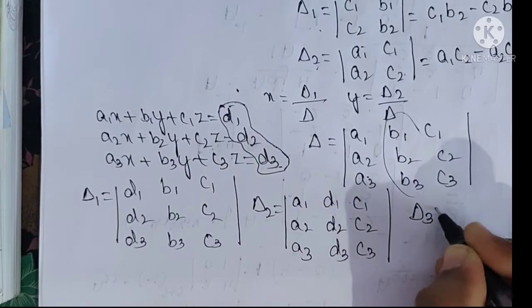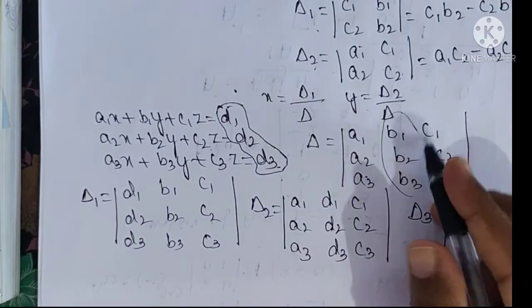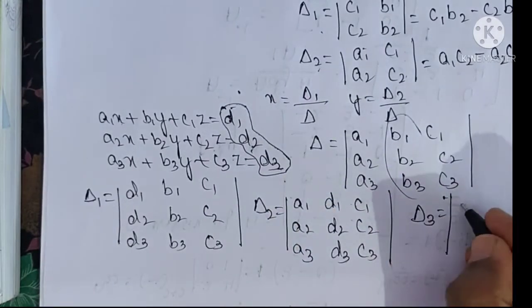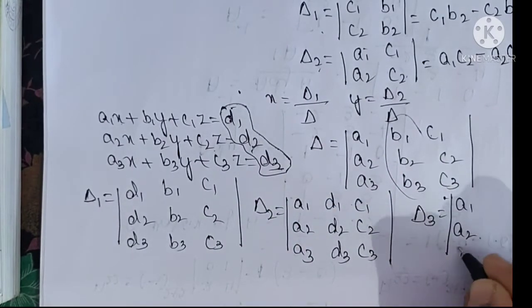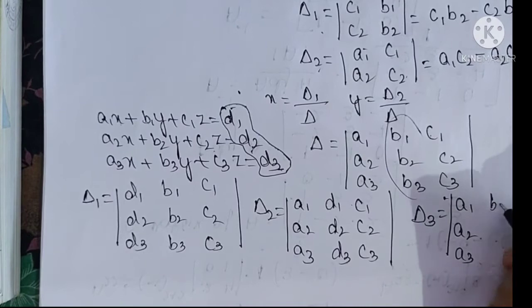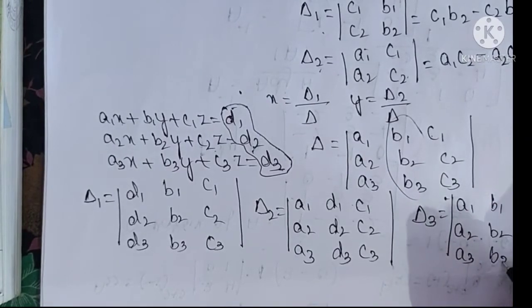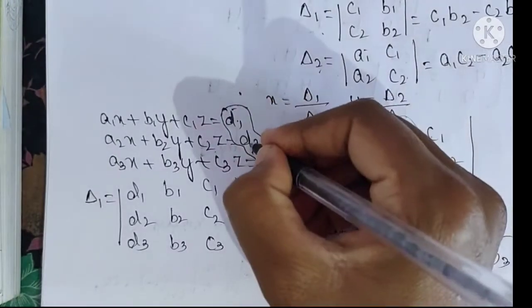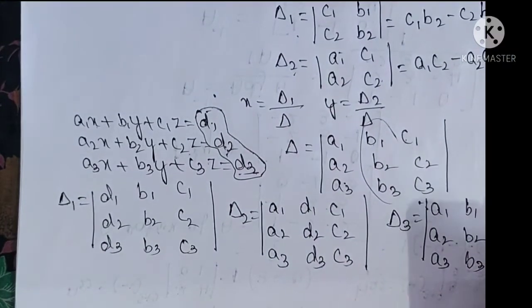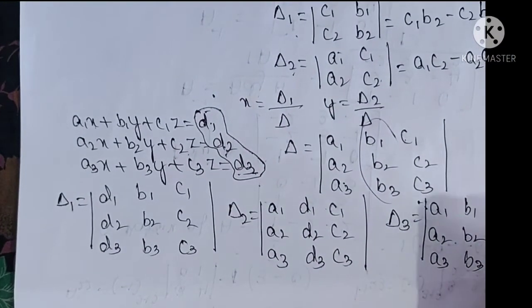Then for delta 3, replace the third column by d1, d2, d3, with the first and second columns, a1 a2 a3 and b1 b2 b3, as they are.